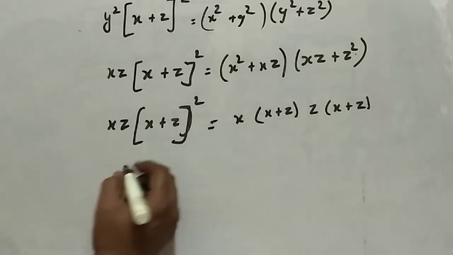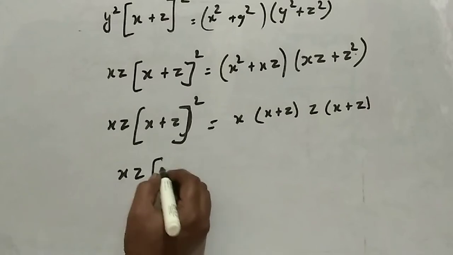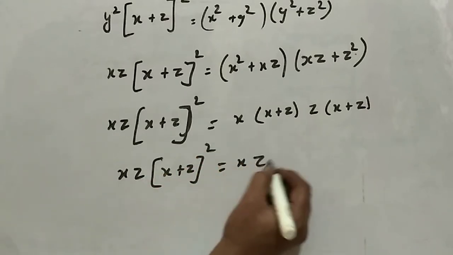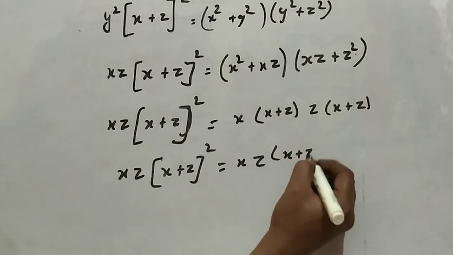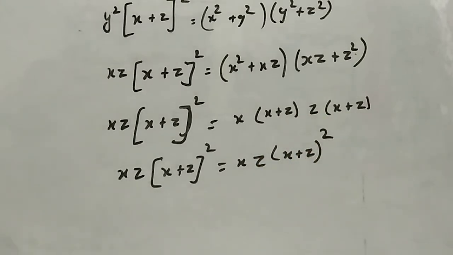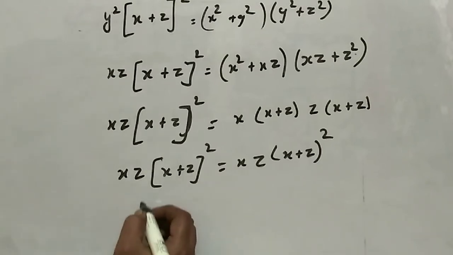Okay, now xz (x plus z) whole square and xz (x plus z) whole square. Are they equal? Left hand side is equal to right hand side.